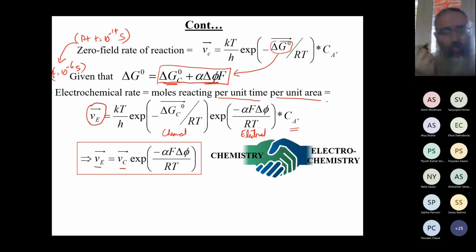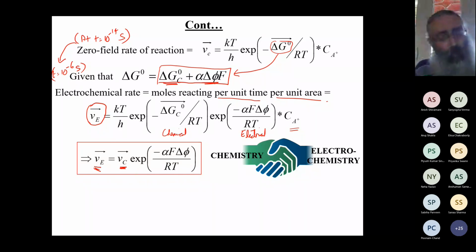That means whenever you are talking about an electrochemical reaction, there is an intrinsic chemical reaction that has to be accounted for. So this equation is very important, because it connects the electrochemical rate of the reaction to the chemical rate of the reaction, and of course contains an electrical contribution also.